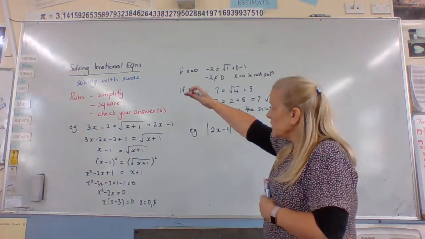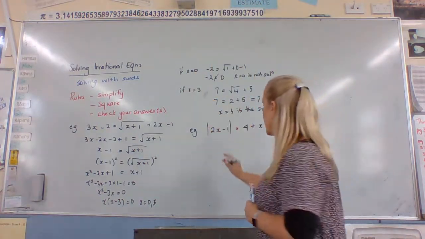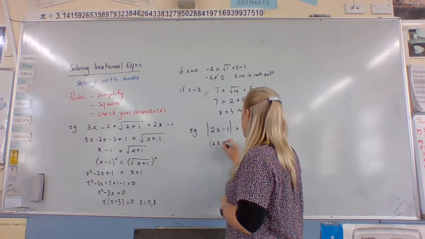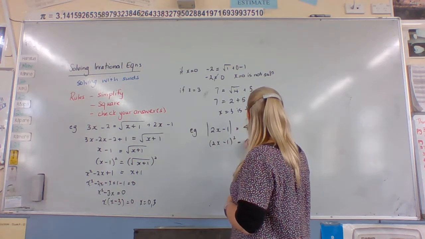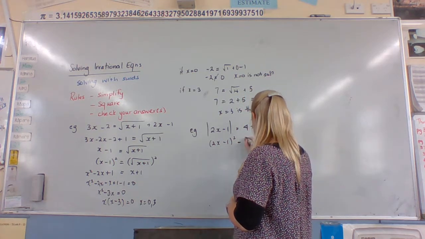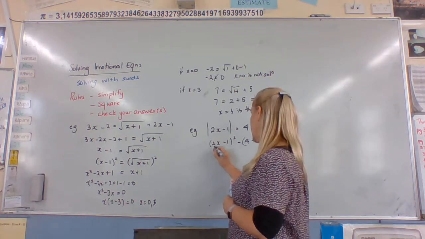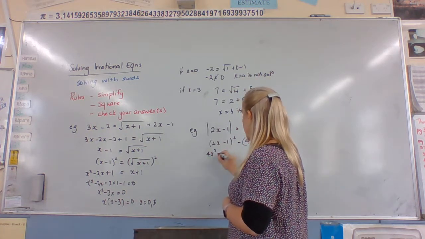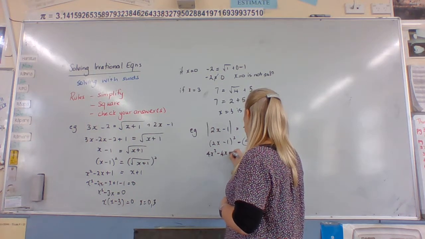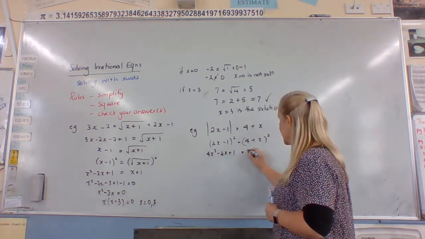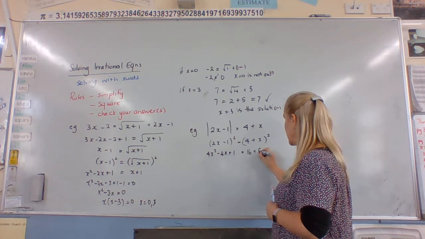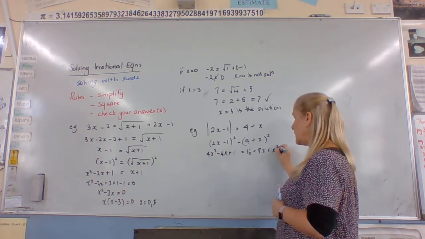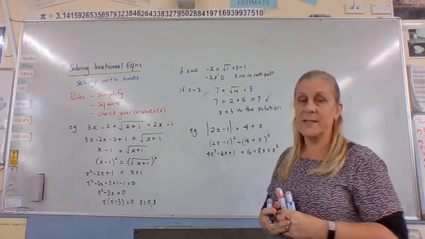So again, we don't have to simplify it, we're going to go to squaring it. So 2x minus 1 squared equals 4 plus x squared. What do we get? We get 4x squared minus 4x plus 1 equals 16 plus 8x plus x squared. Now we take everything over that side.